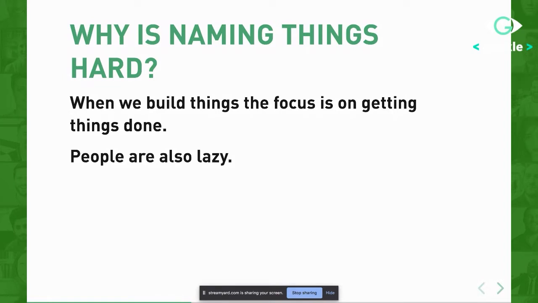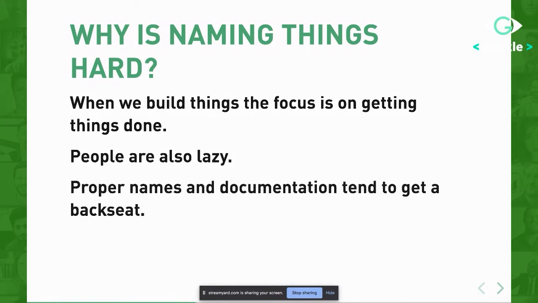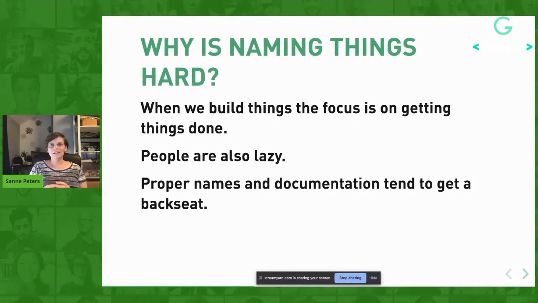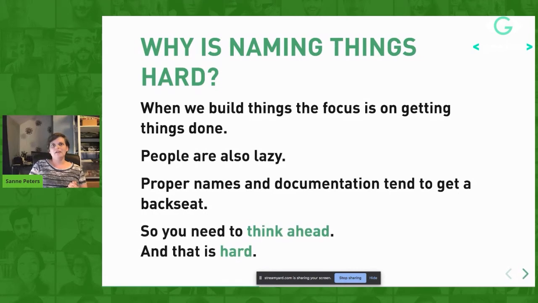Because the names you come up with still need to make sense in five months from now, like what was just explained earlier. So, in other words, you really need to think ahead. And that is really hard. And the reason why this is hard is that the meaning of a name needs to remain clear even throughout time.